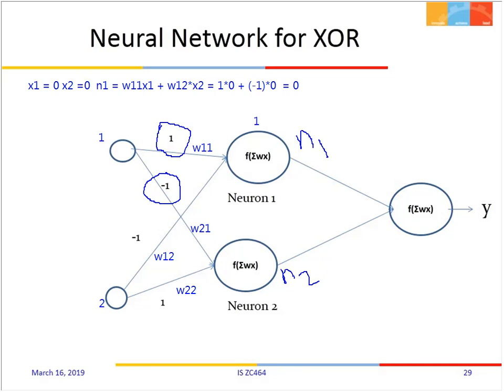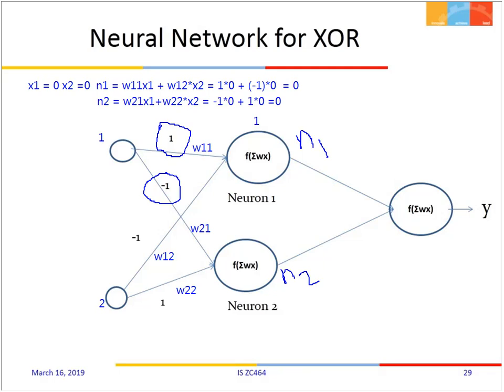Now you have to define two activation functions, the one which triggers the output from neuron 1 and the other which triggers the output from neuron 2, to be received at some neuron, say neuron 3. So what will be your activation function for n1? You want the output to be equal to 0.